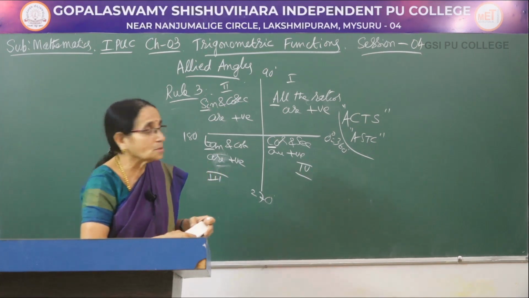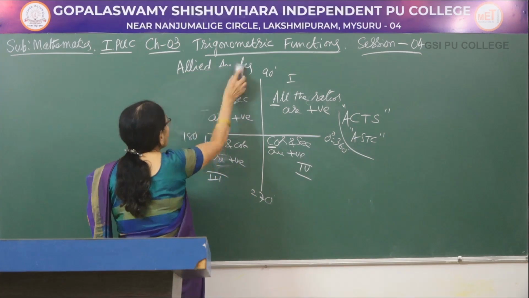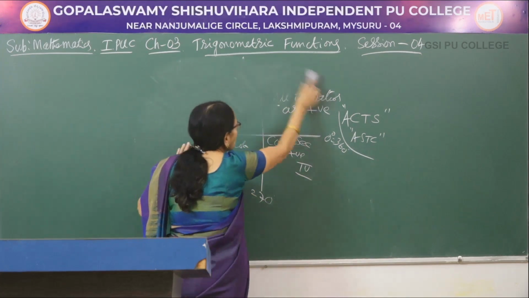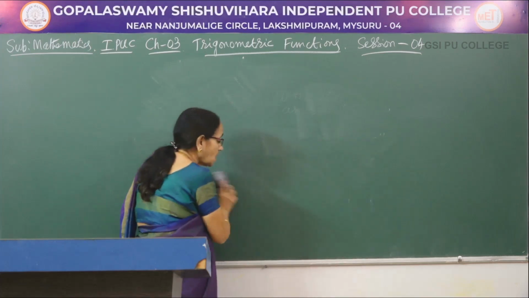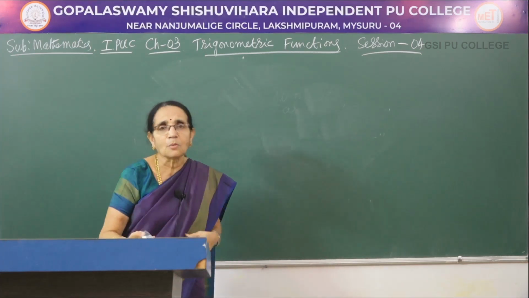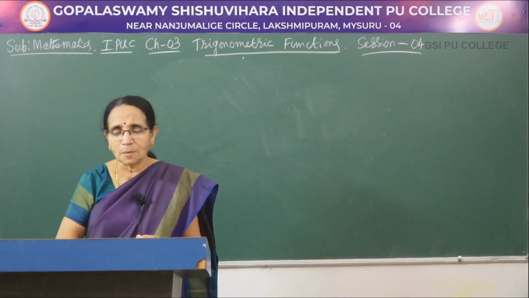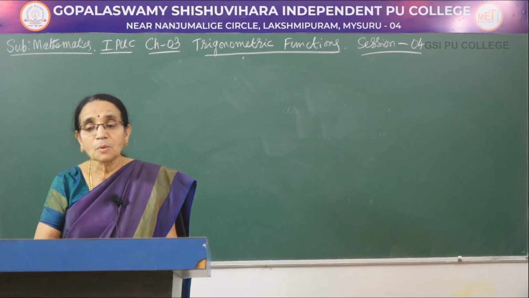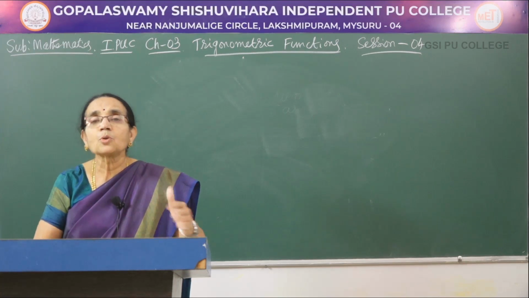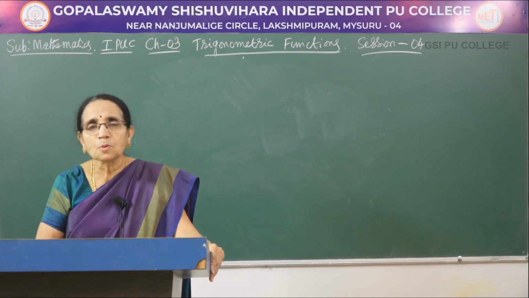All the 3 rules help us to find the value and the sign of any trigonometric ratio of any angle, however big or however small they may be. Now, here we may have a feeling that if you use rule 1 it may be different, if you use rule 2 it may be different.